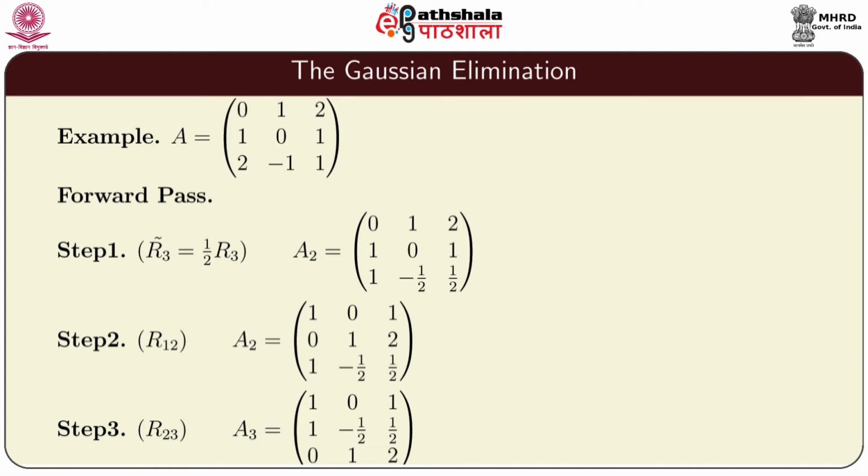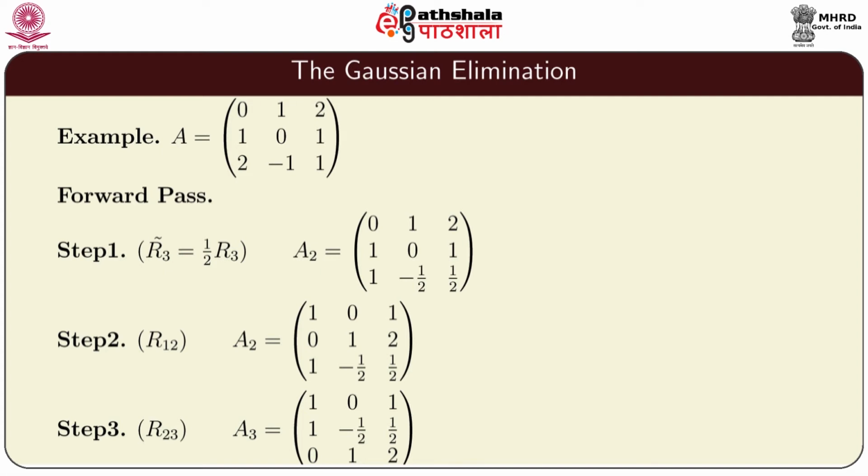R2 and R3 are the second and third rows respectively of the matrix A2, and that yields the matrix A3, which is 1 0 1, 0 1 2, and the new third row becomes 0 0 1. Now it is of course the one which we are looking for, that is, the second column has now only one non-zero entry at the 2,2th position, and the entry is 1.